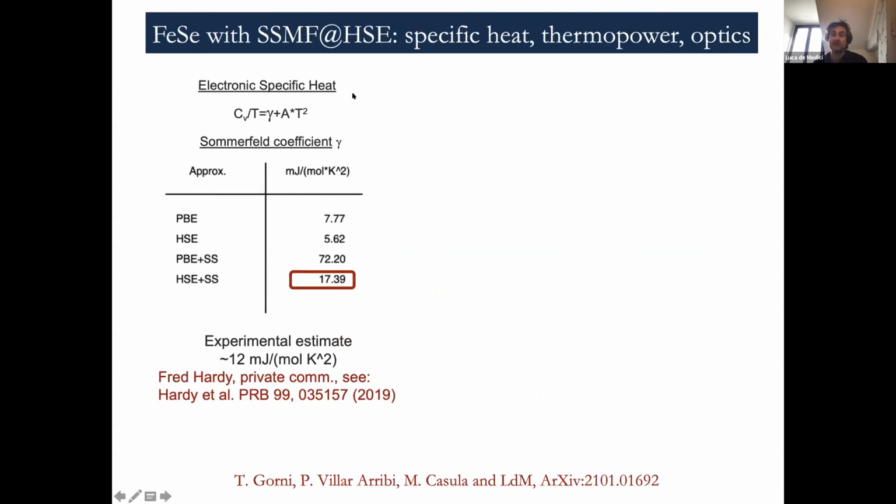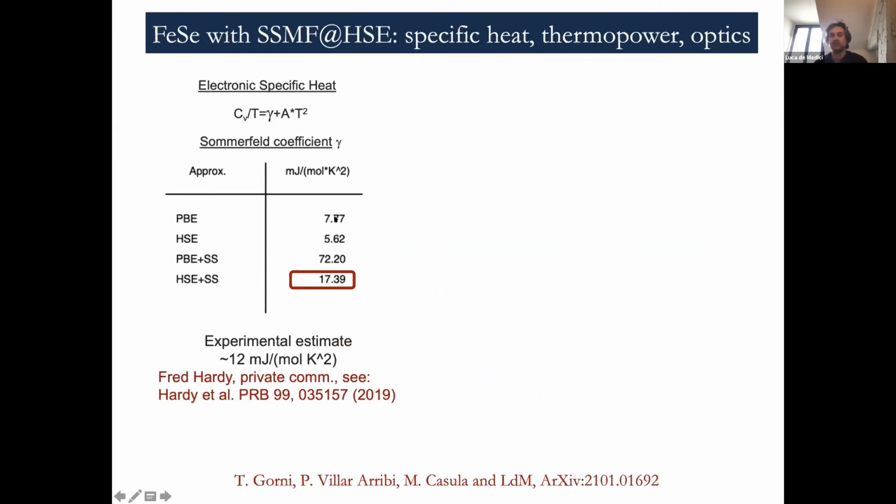One thing that can be reconciled with experiments is the specific heat Sommerfeld coefficient, so the slope of the linear part of the specific heat in temperature. This is too small compared to estimates from experiments, which are around 12 millijoule per mole Kelvin square.